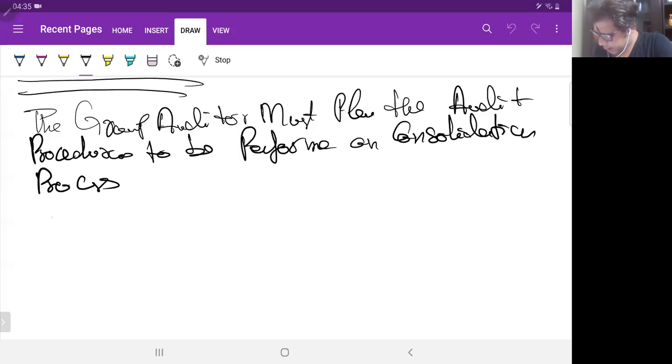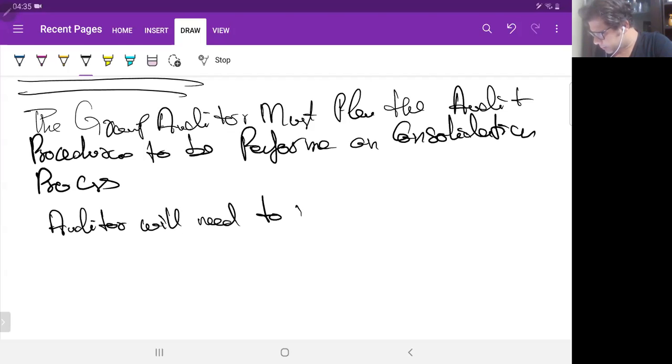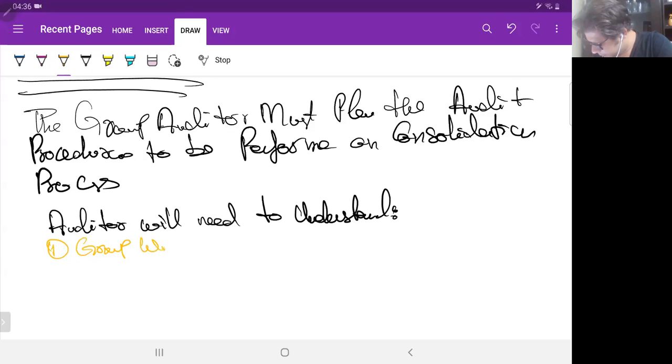So here, the auditor will need to understand, number one, group-wide controls. Right, group-wide controls obviously relevant to the consolidation process.